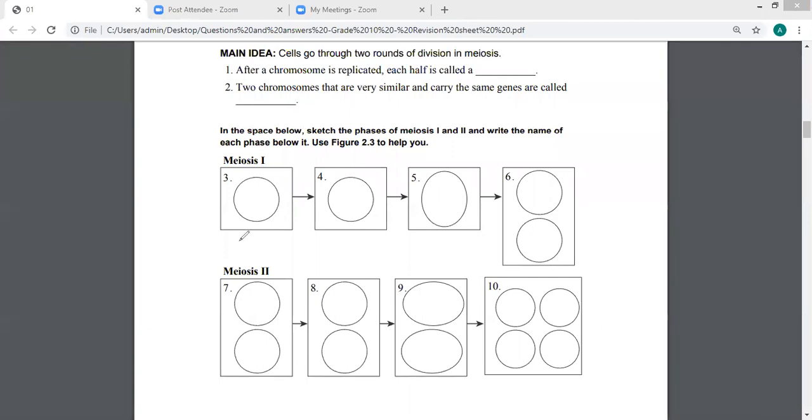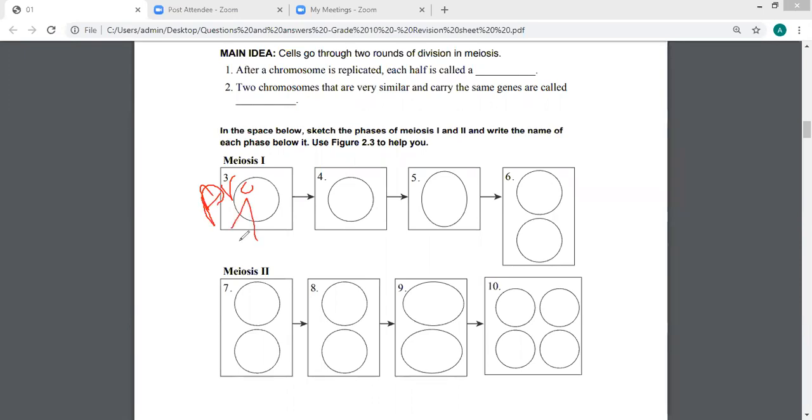What's the first phase? Prophase 1. Excellent. Prophase 1. Completed, Muhammad.